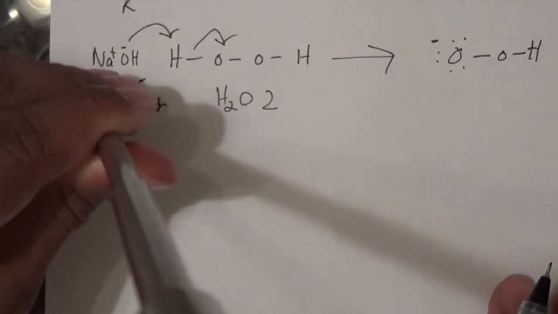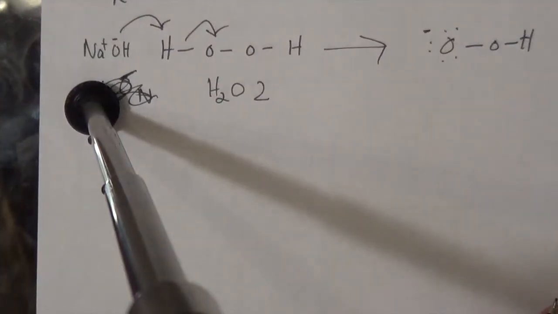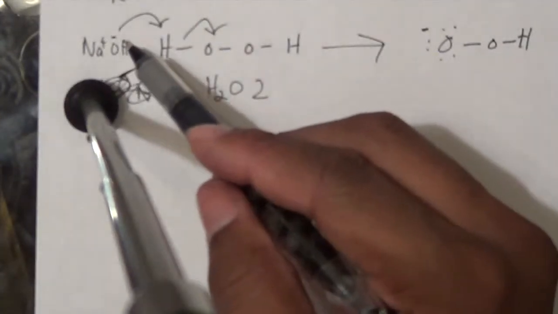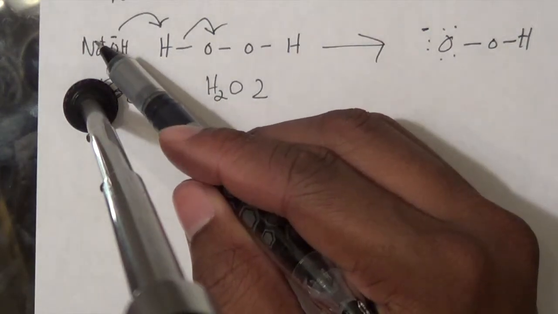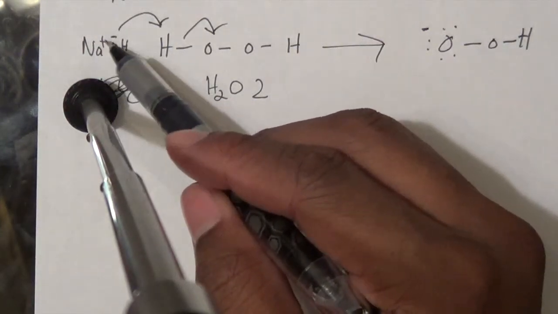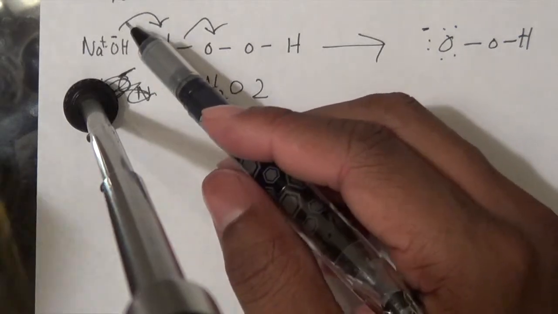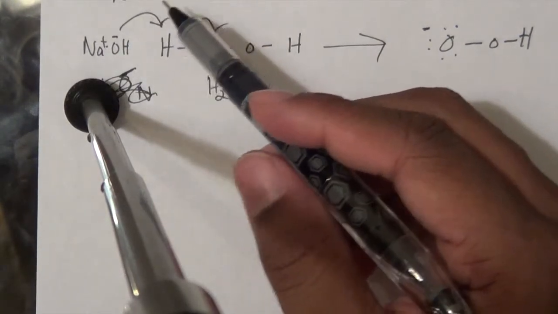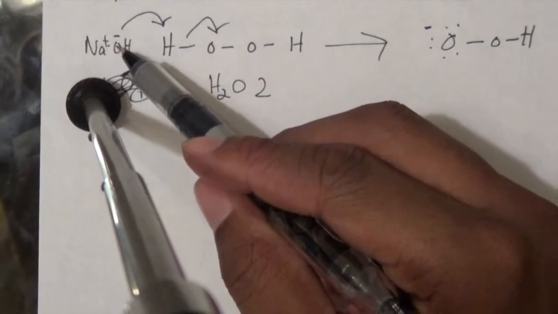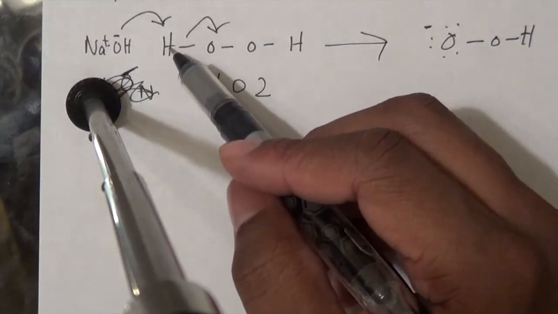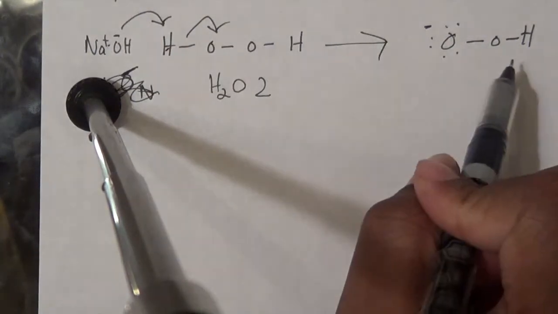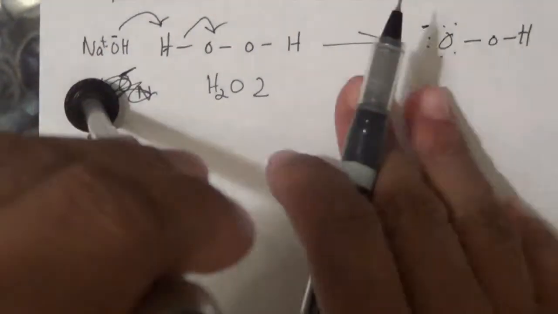This anion has to be paired with a cation. But the sodium is like a counter ion, like a spectator ion. It's not really participating. So this here plucks that hydrogen off and produces that peroxy anion.